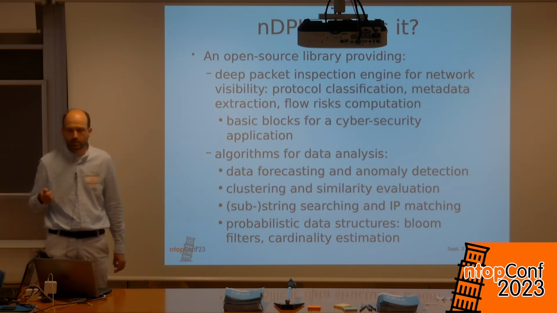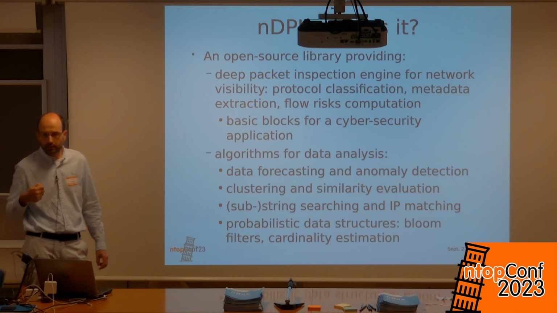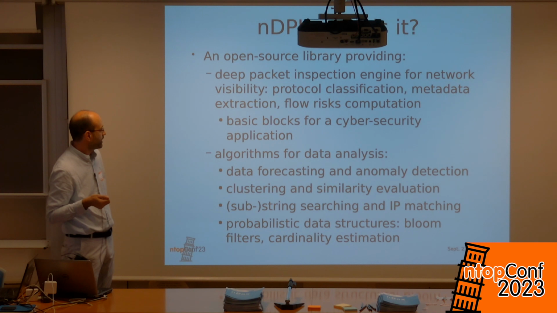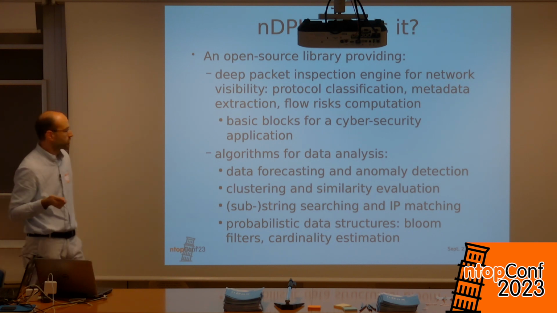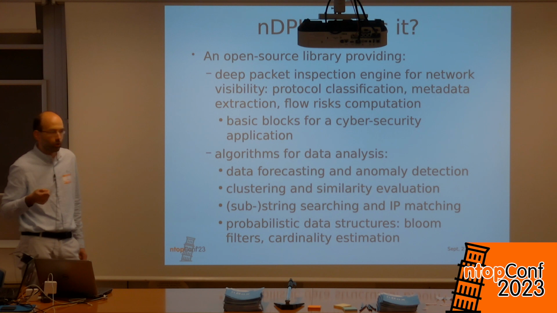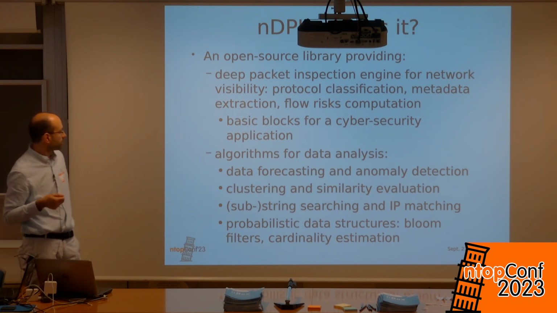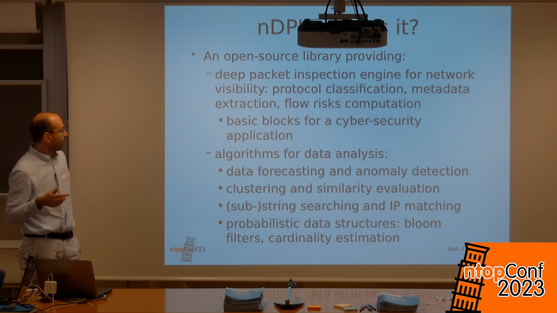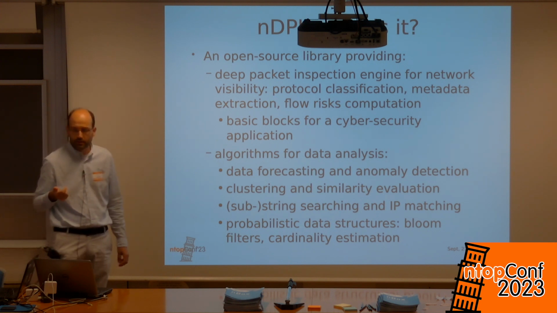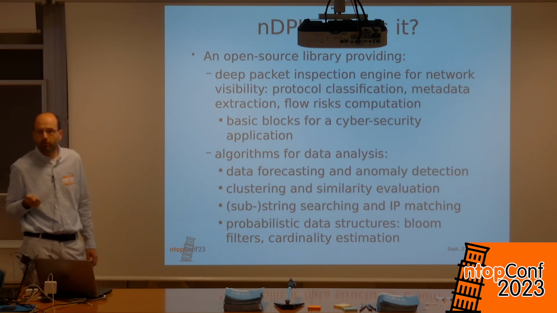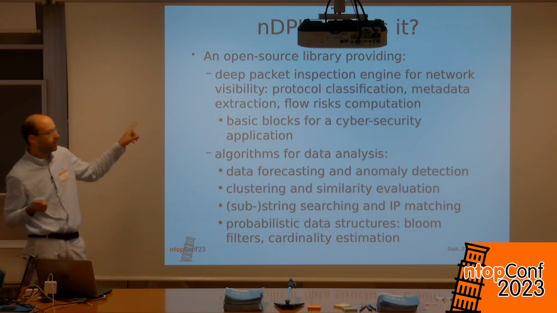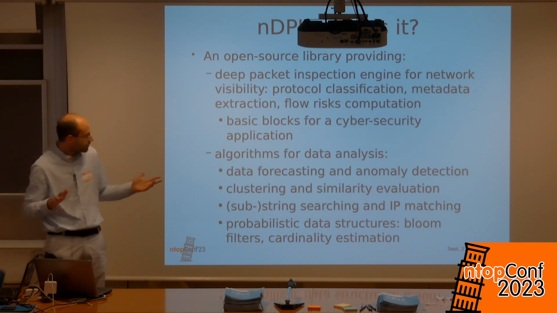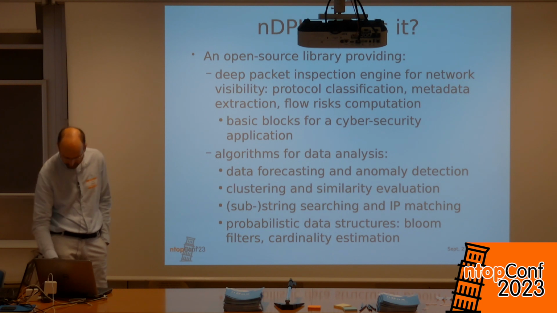All of these algorithms are used internally by nDPI to provide its capabilities, but you can also use them directly. I really want to stress that point because I think it is a little bit unknown. You can use these algorithms in any kind of application, regardless of the deep packet inspection stuff. They are completely independent, so you can use them as you want.